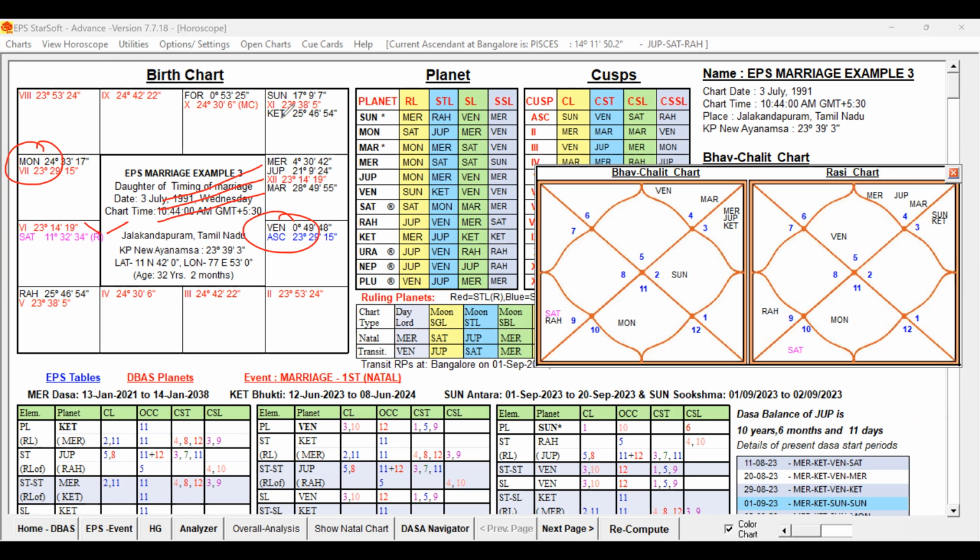Mercury is 2nd Lord and 11th Lord, so that is good. Jupiter is 5th Lord and 8th Lord, that is also fine. And Mars is 4th Lord and 9th Lord, so that is also fine. So the 7th Lord is aspected by planets which all have favorable grouping. No detrimental house grouping is formed influencing the 7th Lord.